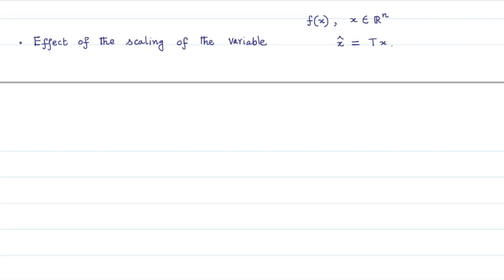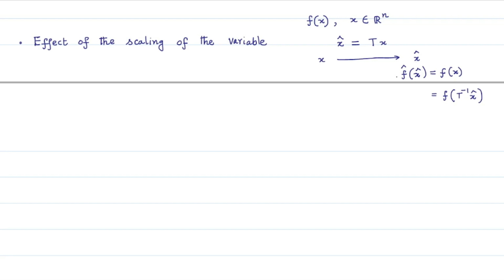So this transforms the variable space x to the variable space x hat. Now in the x hat space, you find the expression of the revised objective function, which is given by f hat of x hat. So f of T inverse x hat is the expression of the revised objective function in the x hat space.